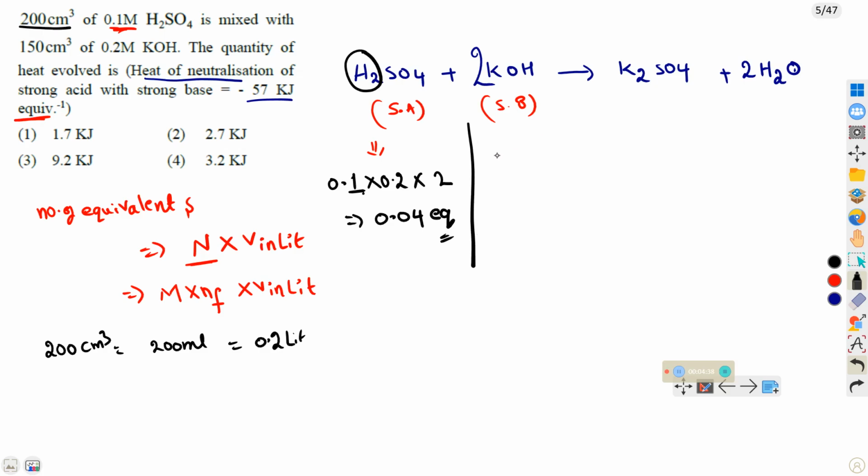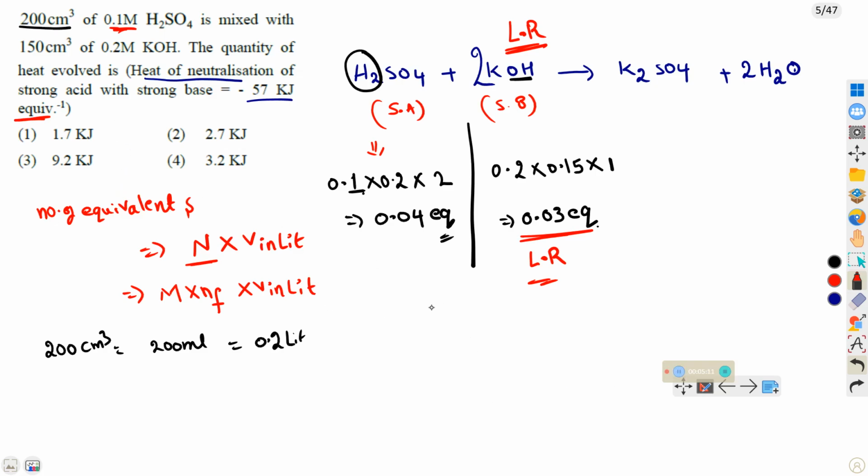About the base: 0.2 molarity into volume 150 ml, which is 0.15 liters, into replaceable OH 1. Then you get 0.03 equivalents. Based on this, KOH acts as the limiting reagent.